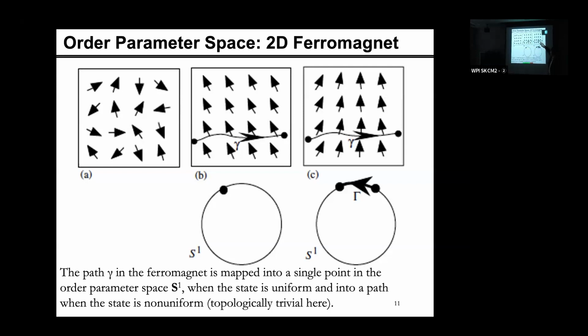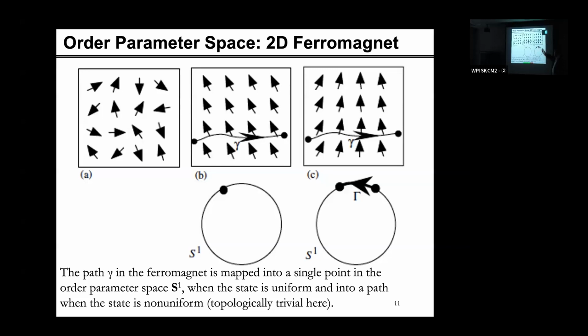In this case, they happen to point in a variety of different directions within that plane. And therefore, as you do a diligent mapping from that space to the order parameter space, you will have some fragment of that S1 circle covered.